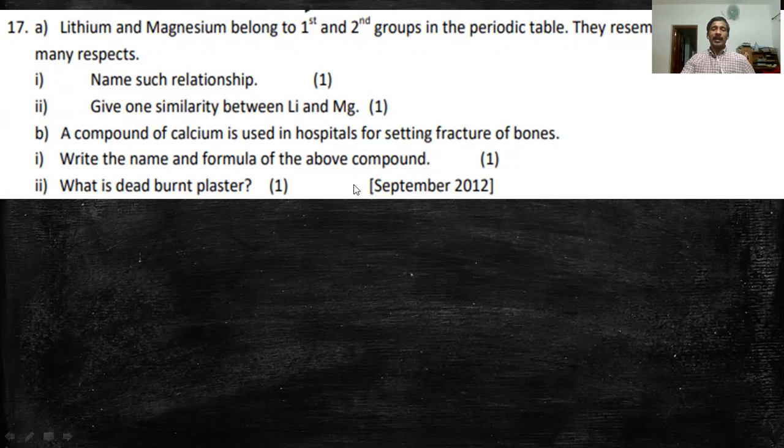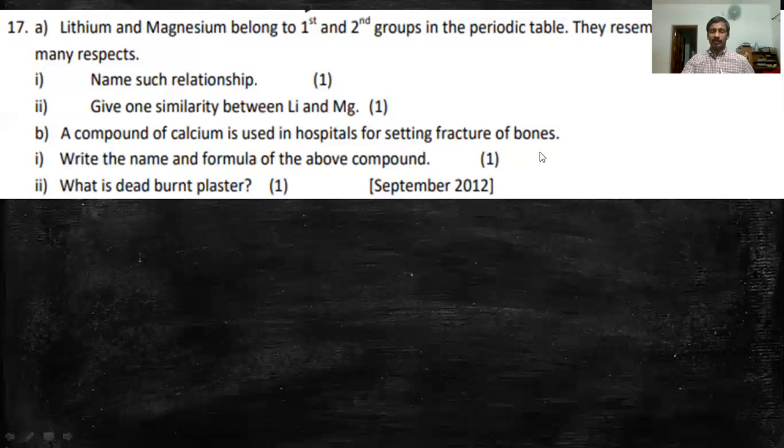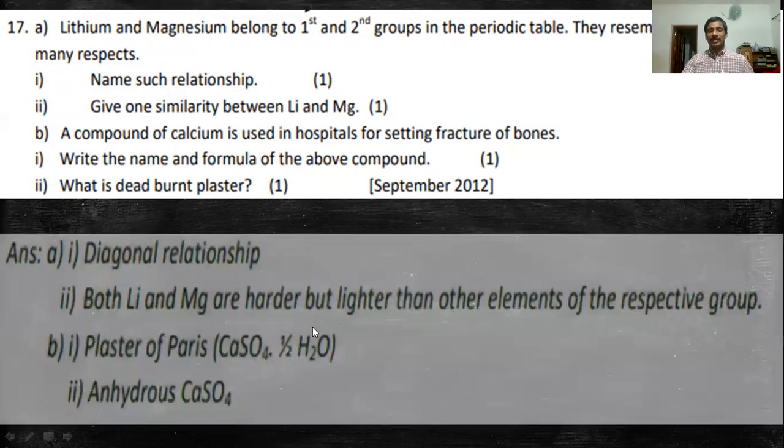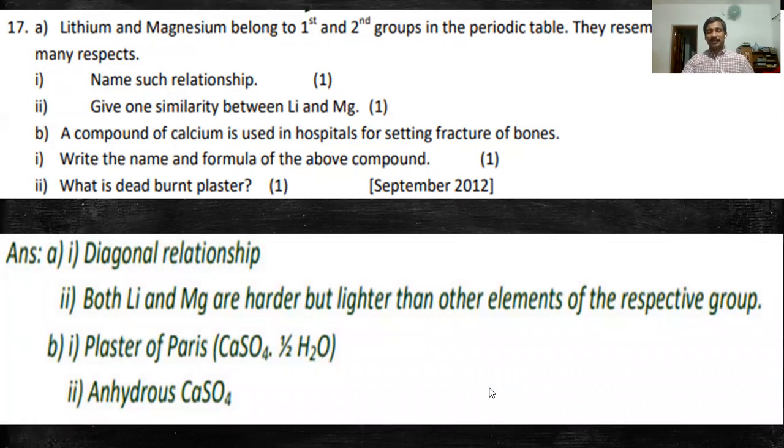A compound of calcium is used in hospitals for setting fracture of bones. Plaster of Paris, formula CaSO4·½H2O. What is dead burnt plaster? Anhydrous calcium sulfate. That is dead burnt plaster.